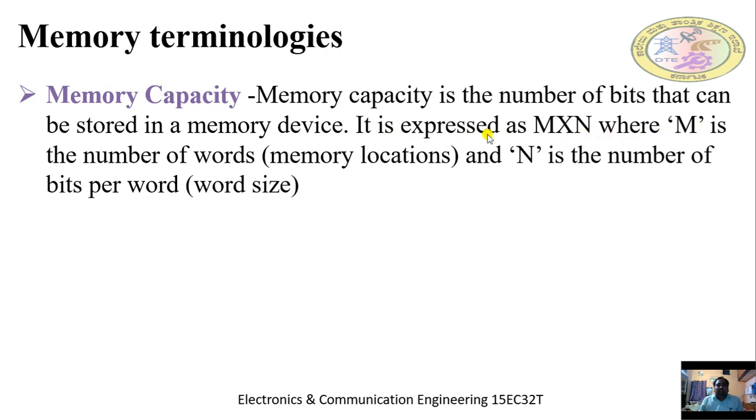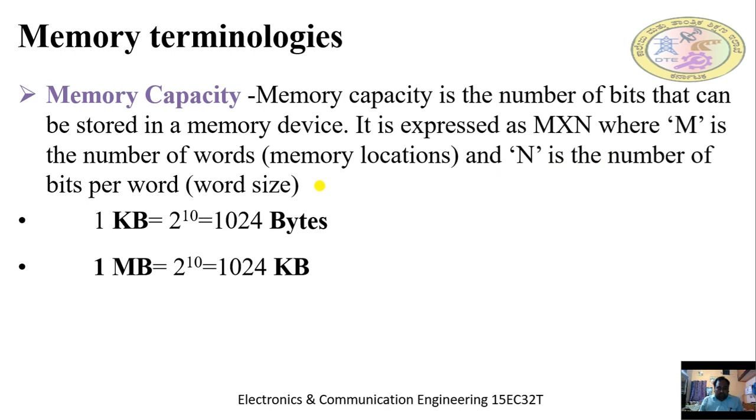So m is the number of words, or you can say memory locations, and n is the number of bits per word. This is very analogous to your matrix where m can represent the number of rows present in the matrix and n can represent the number of columns. So here the total capacity can be expressed as m cross n.